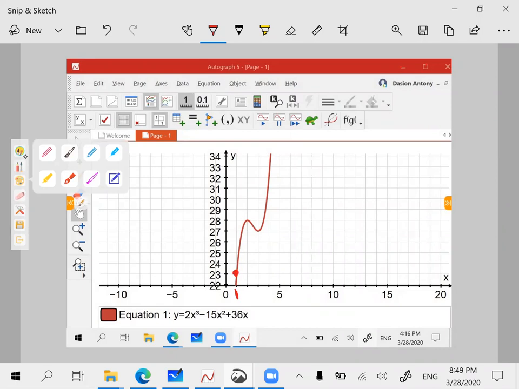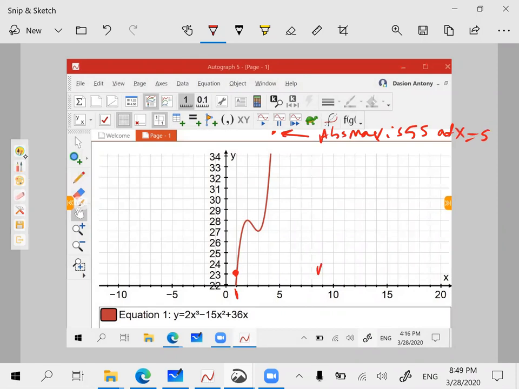This is the absolute minimum. At 5, it's not available on my screen, it's 55. So it's at the end point of the interval. This represents the absolute maximum, 55, which occurs at x equal 5. And this is the absolute minimum, 23, which occurs at x equal 1.